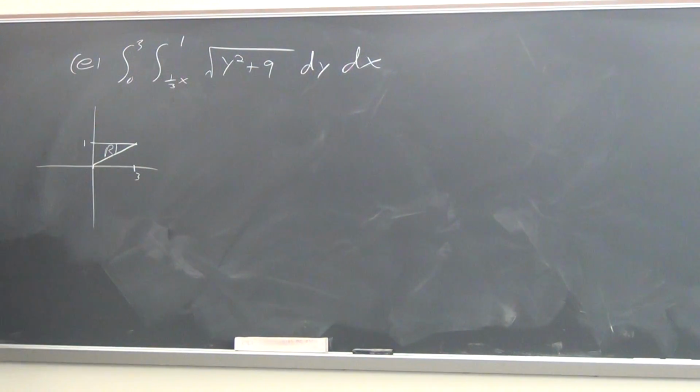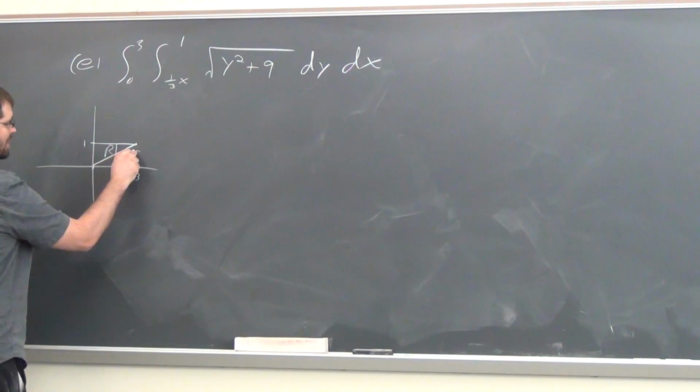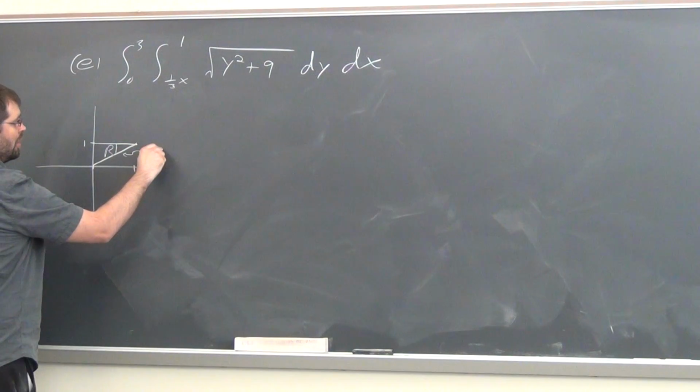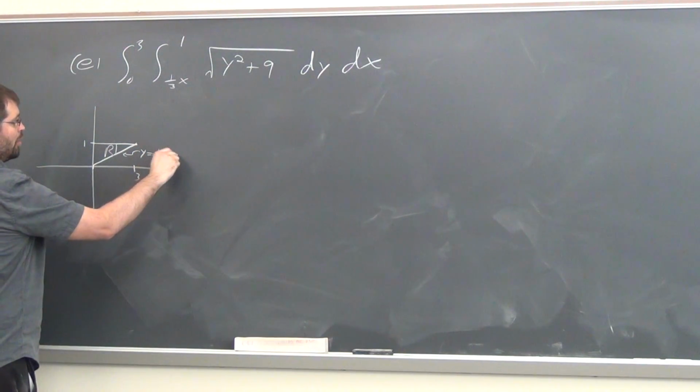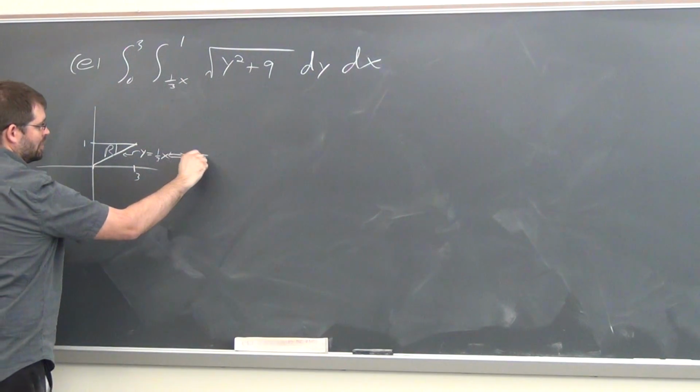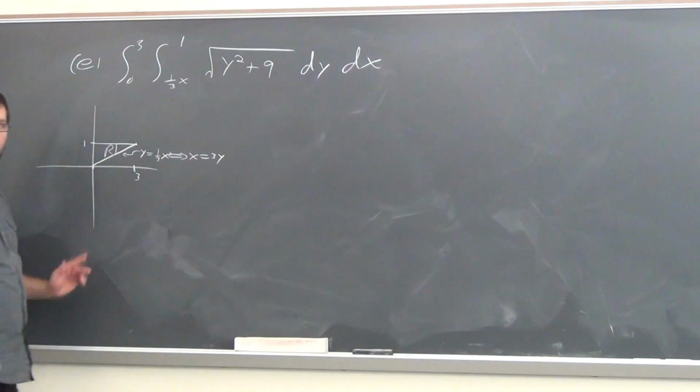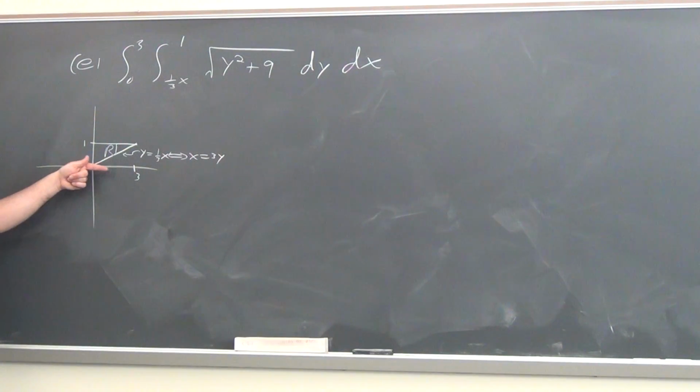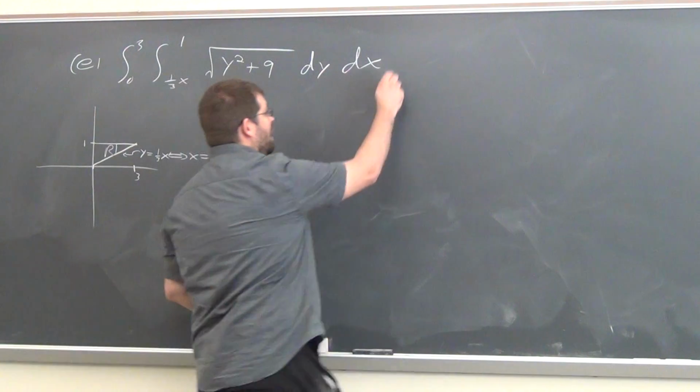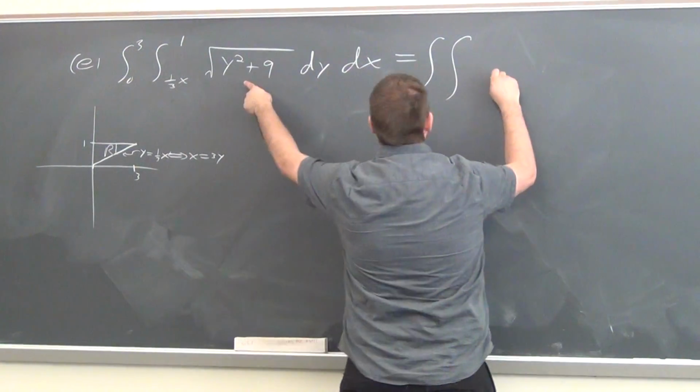It's the top triangle. So now if we turn our heads and look at this sideways, the function was y equals 1/3 x, but that's the same as x equals 3y. And so when we look at it sideways, we change the order of integration. So it doesn't do anything to this.